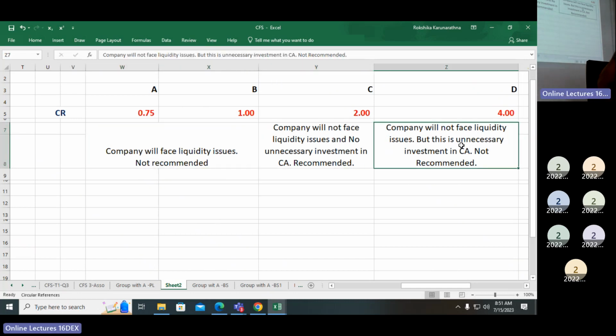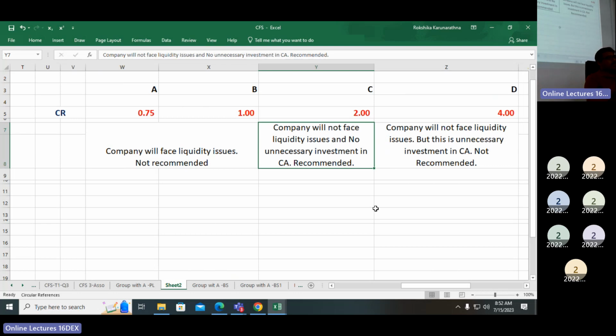If it is very high, very high above, still not recommended. Even though no liquidity issue, you are unnecessarily keeping current assets. Right? So you better invest that in a long-term bond or something, right? So you can get much more return rather than keeping it as a current asset like cash or investment. So that is why generally we say that 2 is the acceptable level, right?